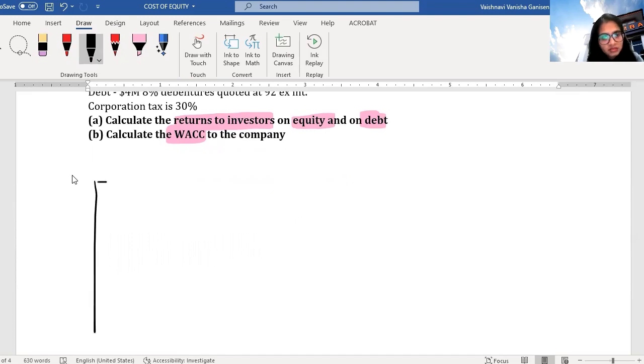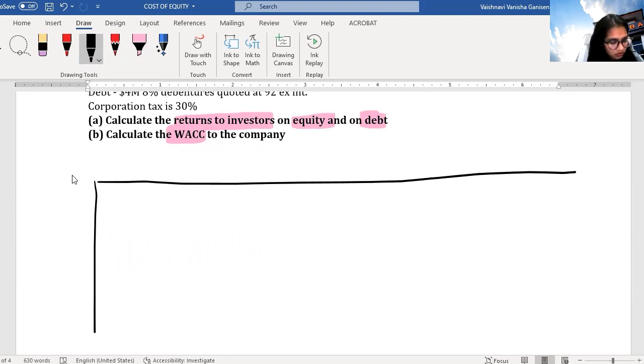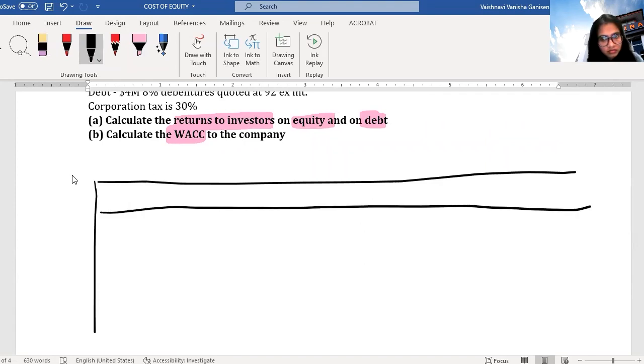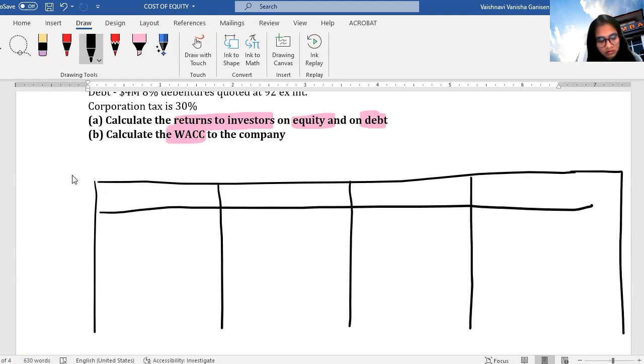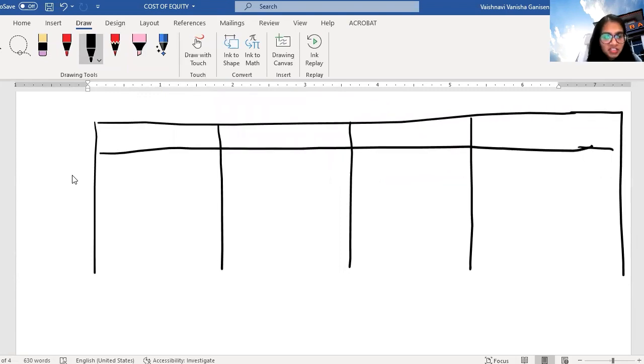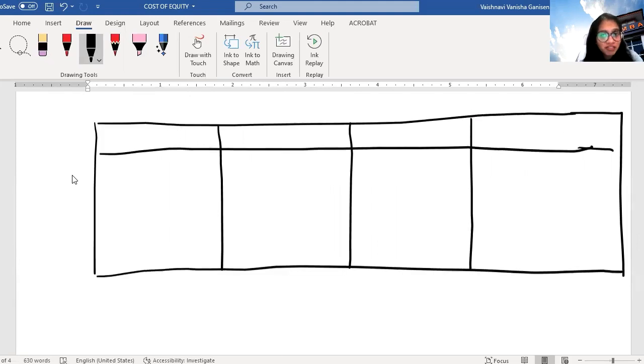So draw the format first. Sorry guys, this takes time because I'm drawing freehand. But don't worry, in your exam, because you are using Excel, it's so much easier for you. You don't even have to draw, you just need to label everything.